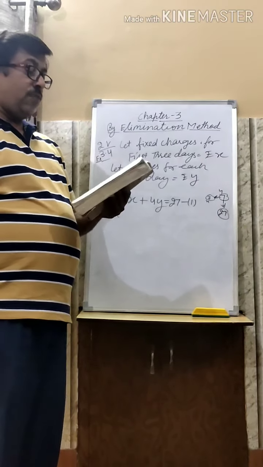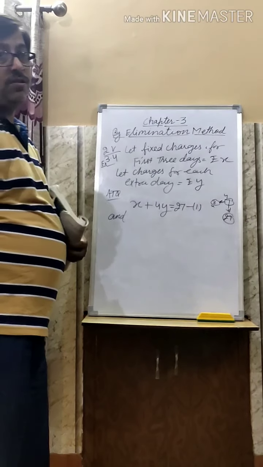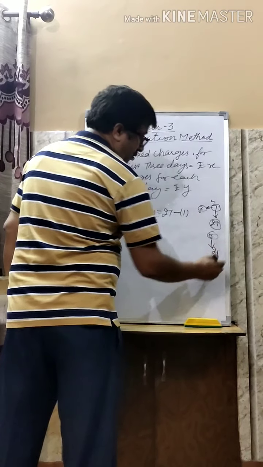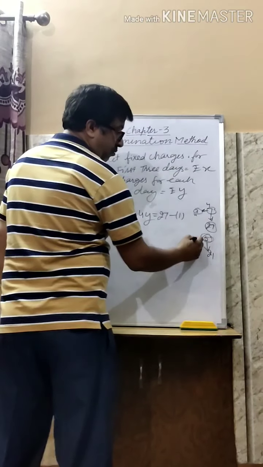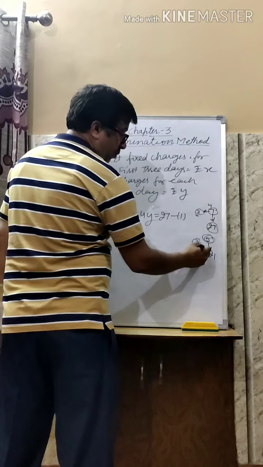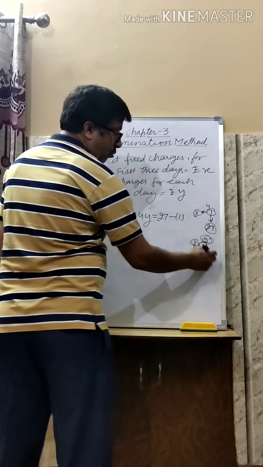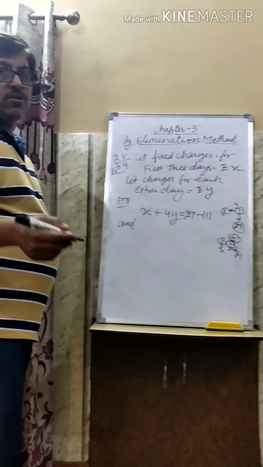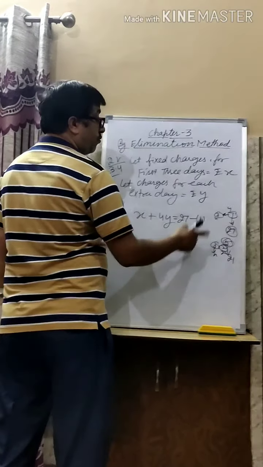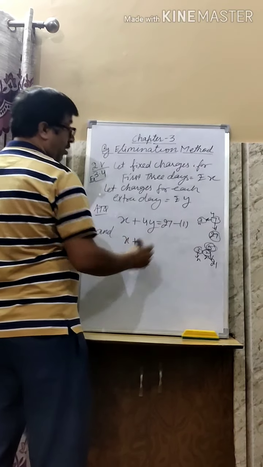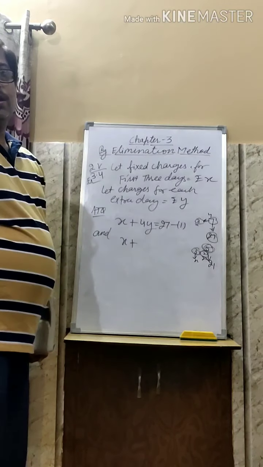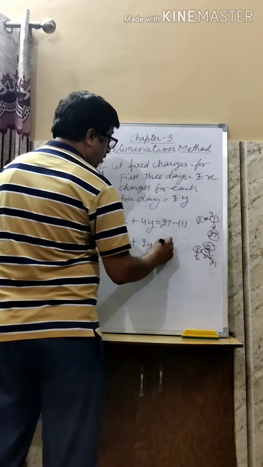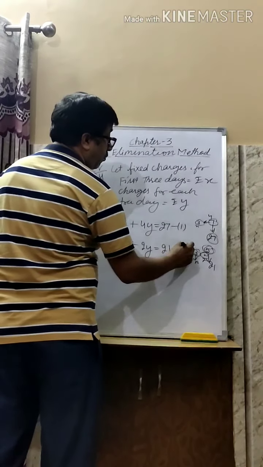While Sasi paid 21 for 5 days. So very simple. 5 days 21 rupees. So my dear students, if for 3 days x rupees, and how many days left? 2 days y rupees per day. Clear this? So for first 3 days x rupees fixed. Now 2 days left, per day y rupees. Then total she will pay x plus 2y is equal to 21 rupees.